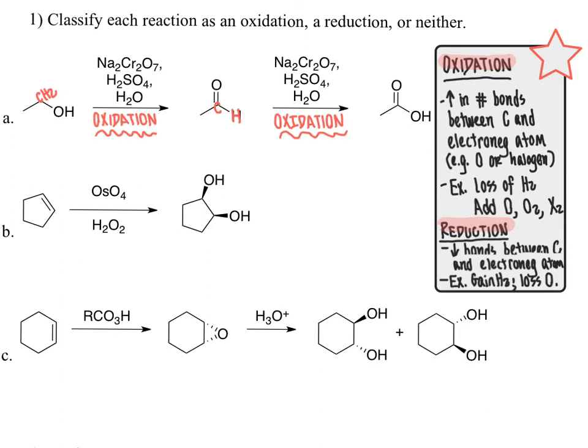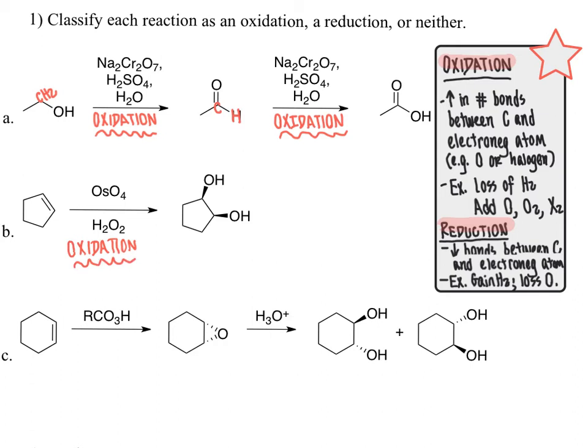So we are effectively adding O2 across the carbon-carbon double bond, and as we see on our list, O2 is one of the examples that classifies as oxidation. Clearly, we've increased the number of bonds between carbon and oxygen going from our reactant to our product, so we classify this as an oxidation process.